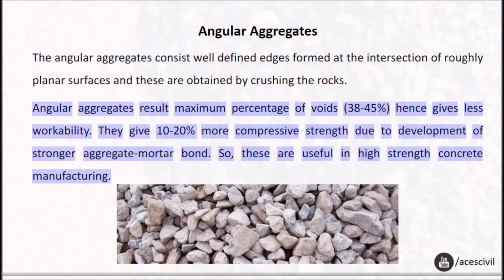Angular aggregates result in the maximum percentage of voids, 38 to 45%, hence give less workability. They give 10 to 20% more compressive strength due to development of a stronger aggregate-mortar bond. So, these are useful in high-strength concrete manufacturing.